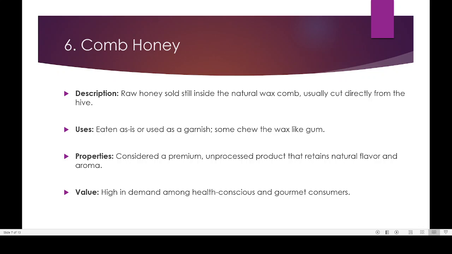Sometimes it may not be organic, but it will be marketed as an organic product. If you market something as organic or natural, there may be a lot of people who want to buy it. So it will be in high demand among health-conscious or gourmet consumers. That is the advantage of selling this kind of product.